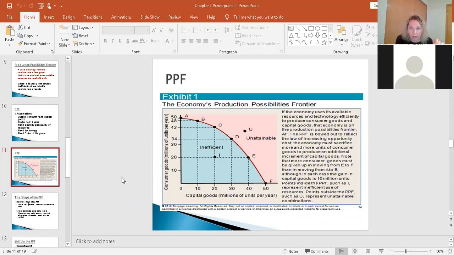So here's the takeaway. The reason the law of increasing opportunity costs exists is because every economy has its own unique pool of resources that is better suited to making one over the other. So if we have lots of agriculture, and we are trying to force our economy into making all capital goods, we get down to point E and we're trying to convert our resources into capital goods.